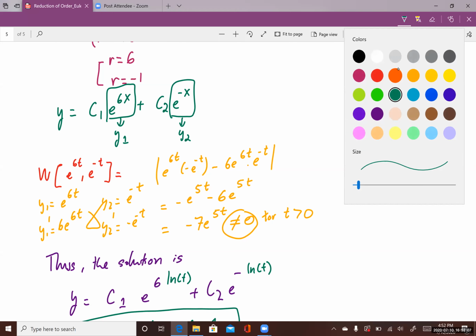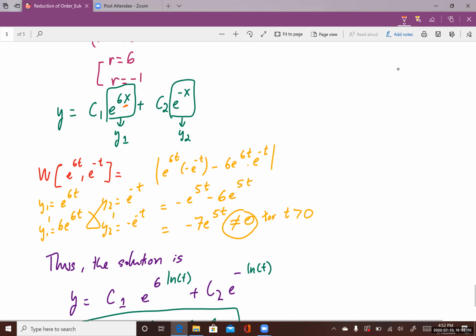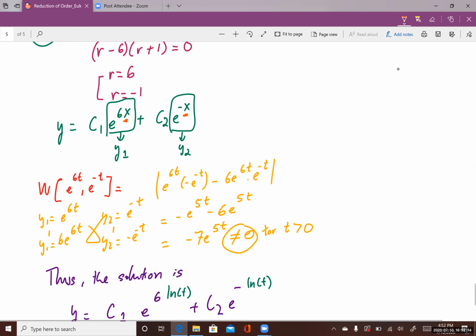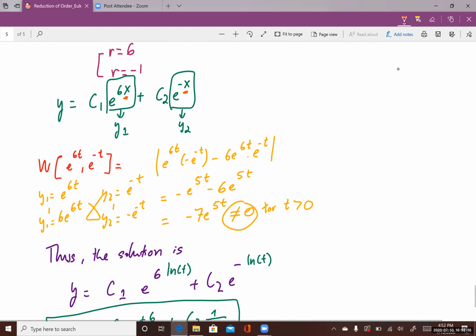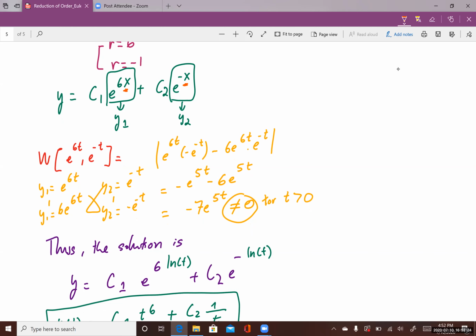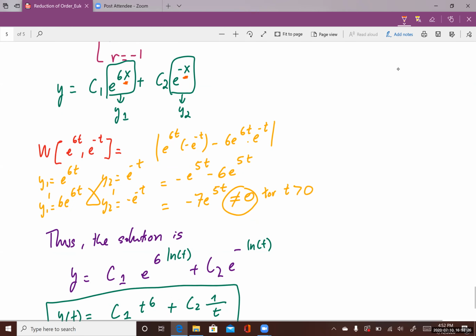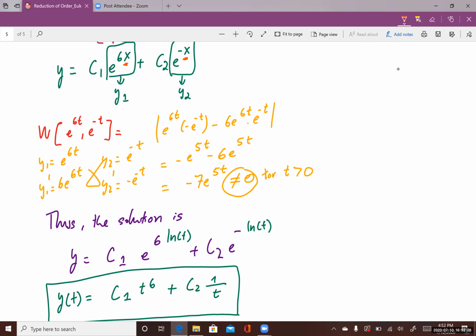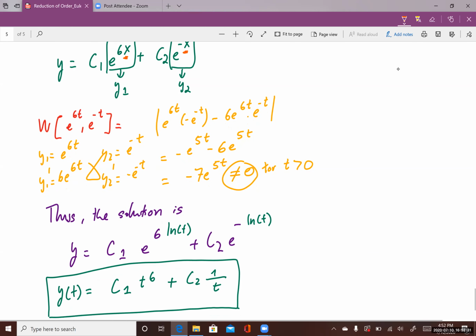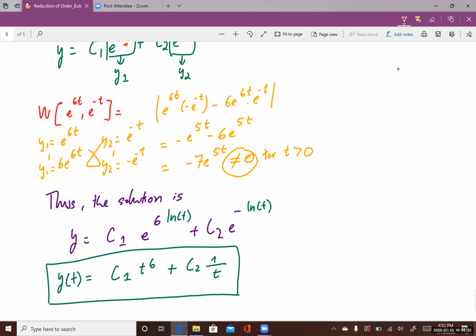Earlier I forgot that I was solving for y in terms of x instead of y in terms of t, so make sure that these are x. You can find the Wronskian of the two solutions, two functions, to make sure that they form a fundamental set of solutions for the differential equation. If the result is different from 0, then we go ahead and use those solutions.